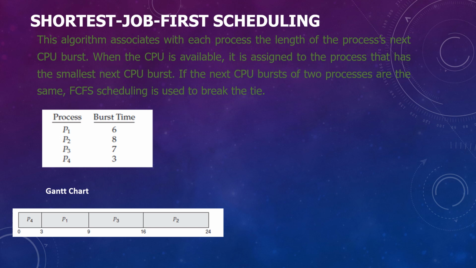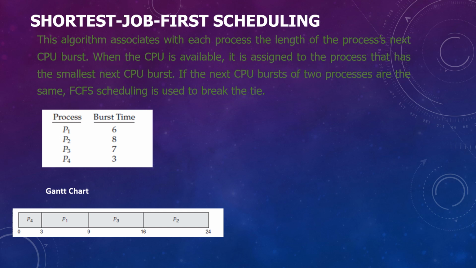Now P4 and P1 are completed. The processes kept waiting in the queue are process P2 and process P3. Process P2 has a burst time of 8 and process P3 has a burst time of 7. Among these two, process P3 has the smallest next CPU burst, so it enters the CPU for execution.